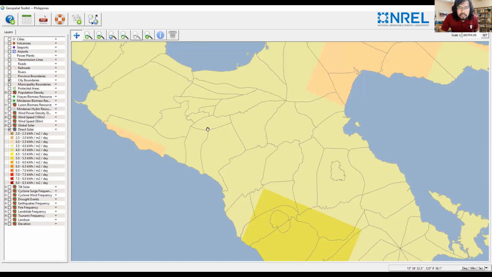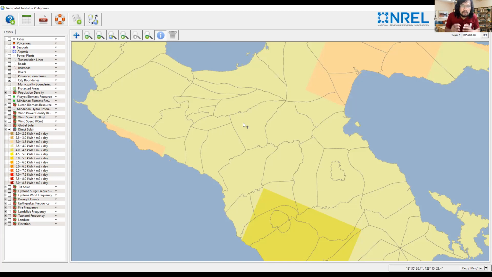What we do is we identify the point where that would be. The 13 degrees, 34, I think it's going to be here. 51, 24, and then we have 123, 15.